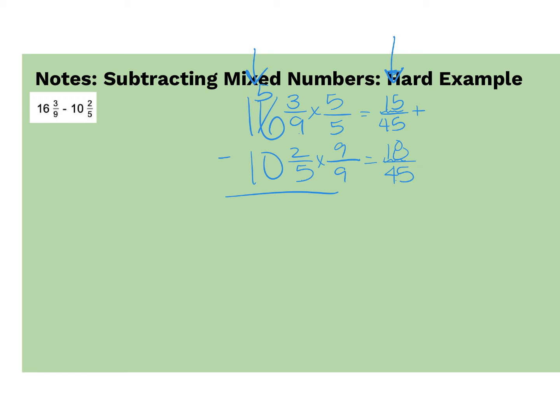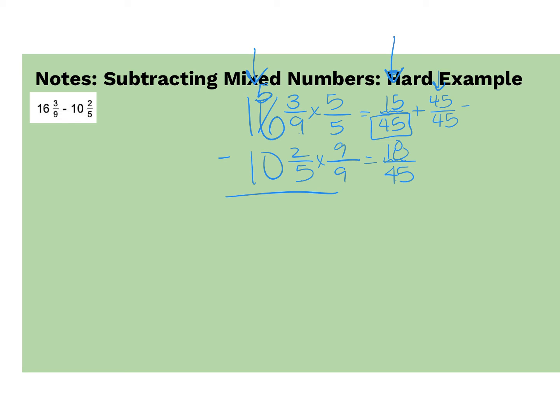I need to add it as a fraction, okay? Now, I know that 1 over 1 equals 1. 2 over 2 equals 1. 3 over 3 equals 1. So whatever your denominator is, that's what you're going to add over itself. So I'm going to add 45 over 45 because that equals 1. The 1 that I took from over here is now here as a fraction, okay?